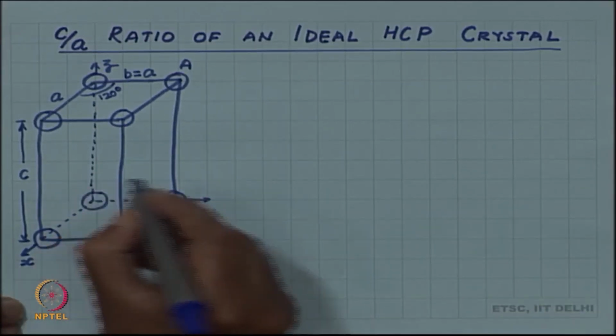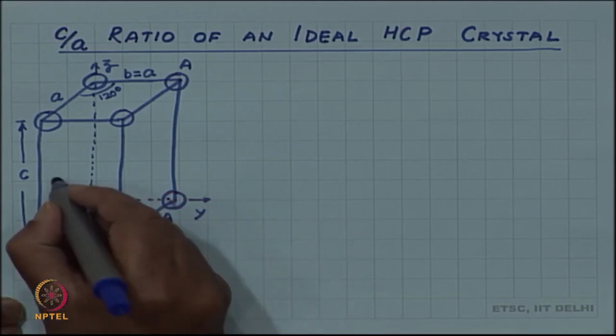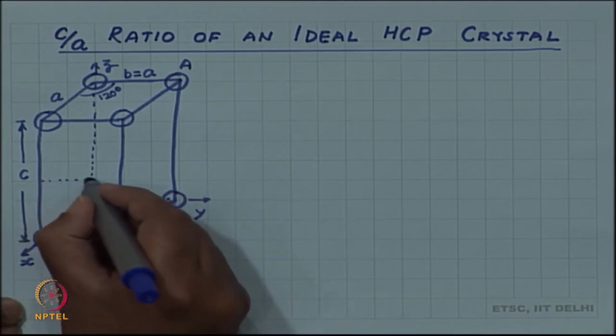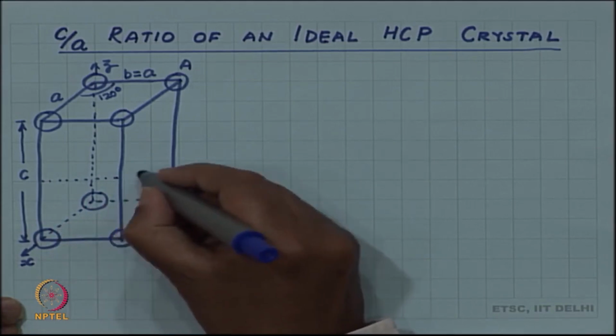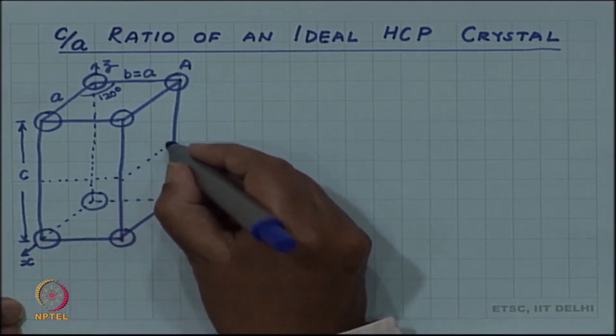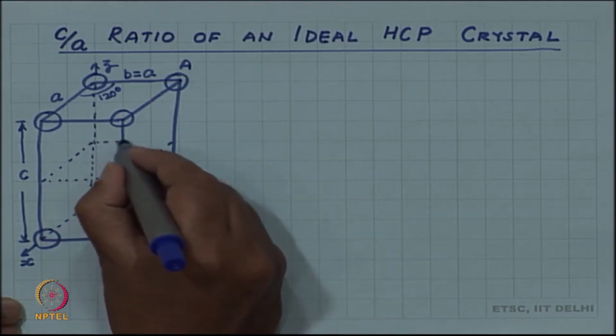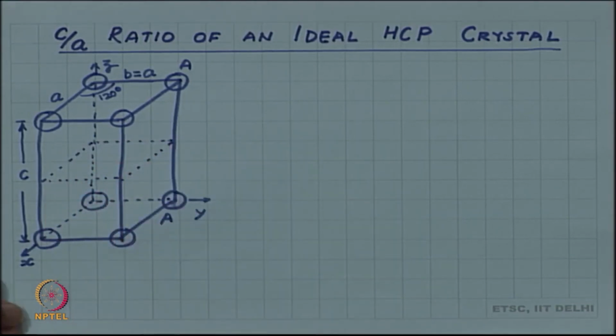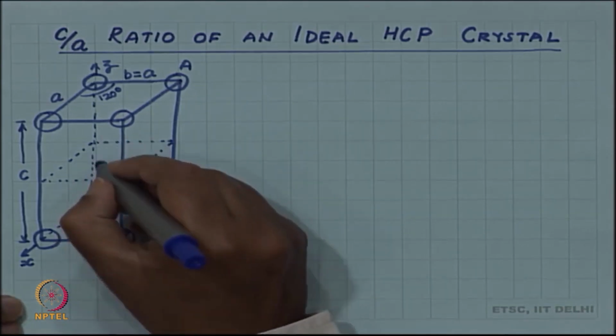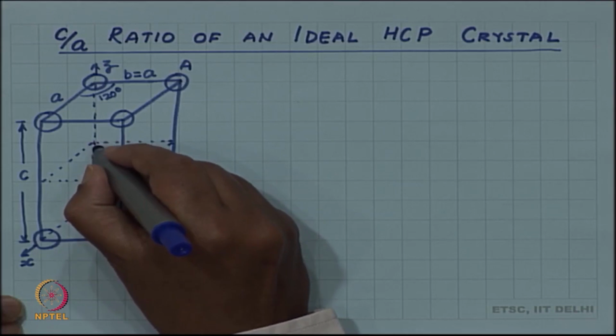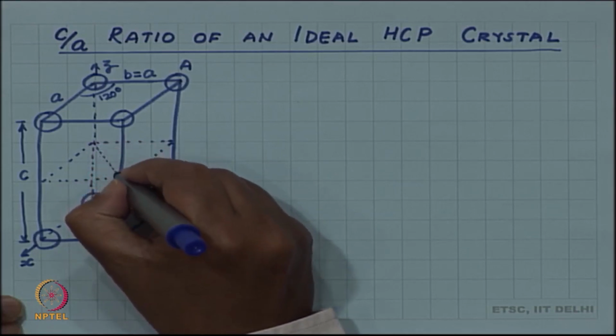However, note that there is an intermediate plane which is the B plane. We have an intermediate plane just midway between these two A planes, because the stacking sequence of hexagonal close packed structure is AB AB.